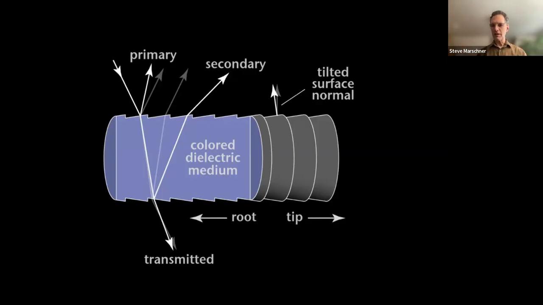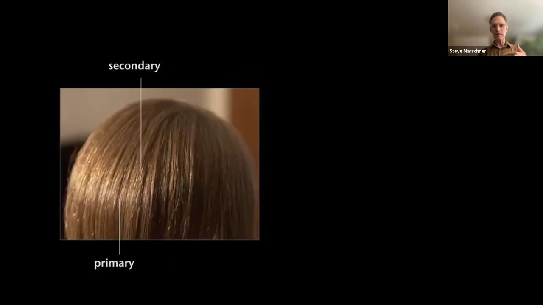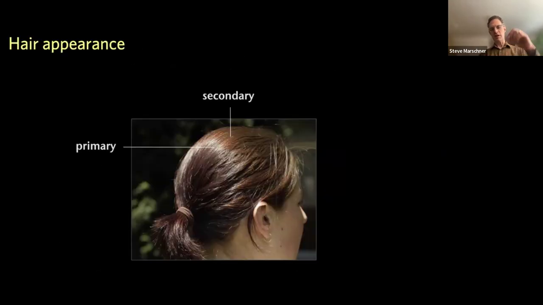So light that comes from one source ends up coming out in different directions depending on what path it took. This explains the secondary reflection: one of them is due to internal reflection and comes out at a little bit different angle.